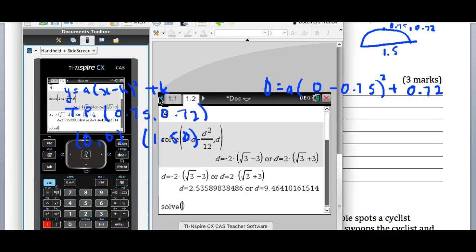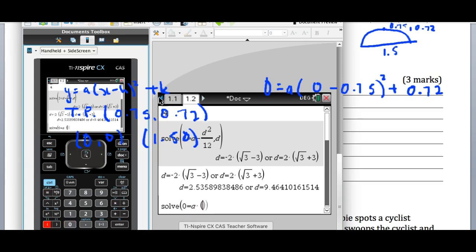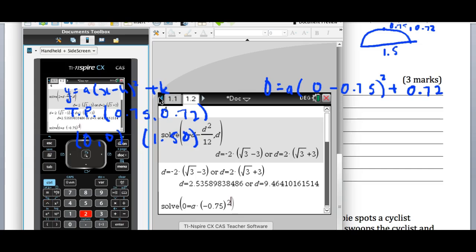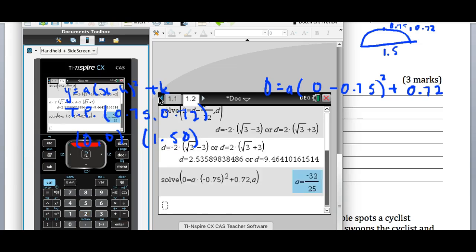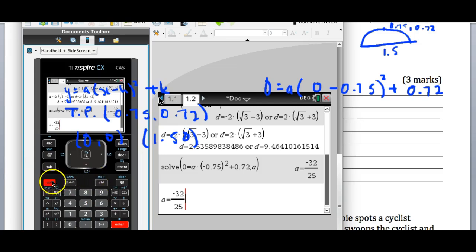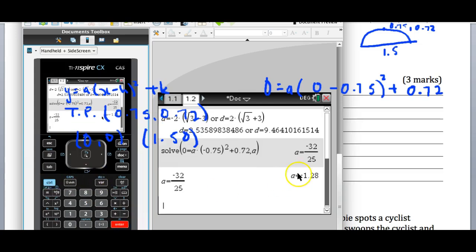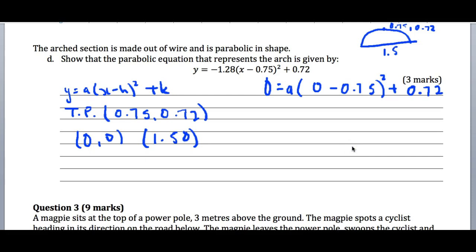So it's just a straightforward solve. 0 equals A times negative 0.75, and that's squared, plus 0.72, comma A. And we just go Control Enter, and then we get negative 1.28.